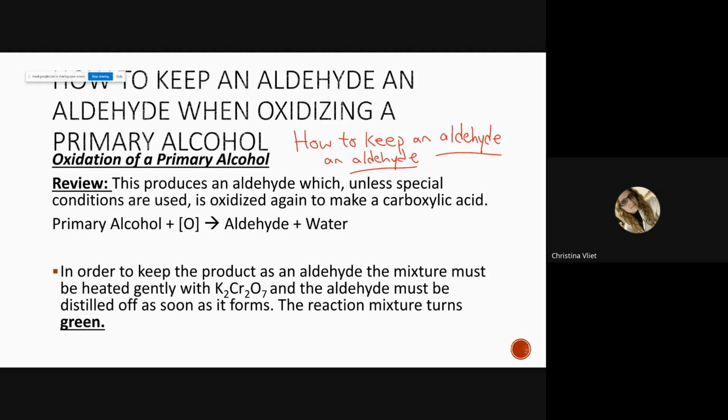Let's say we have ethanol, right? CH3CH2OH. And that turns into an aldehyde, same number of carbons. That aldehyde would be ethanal, CH3CHO. And then when that gets oxidized again, it gets turned into carboxylic acid.